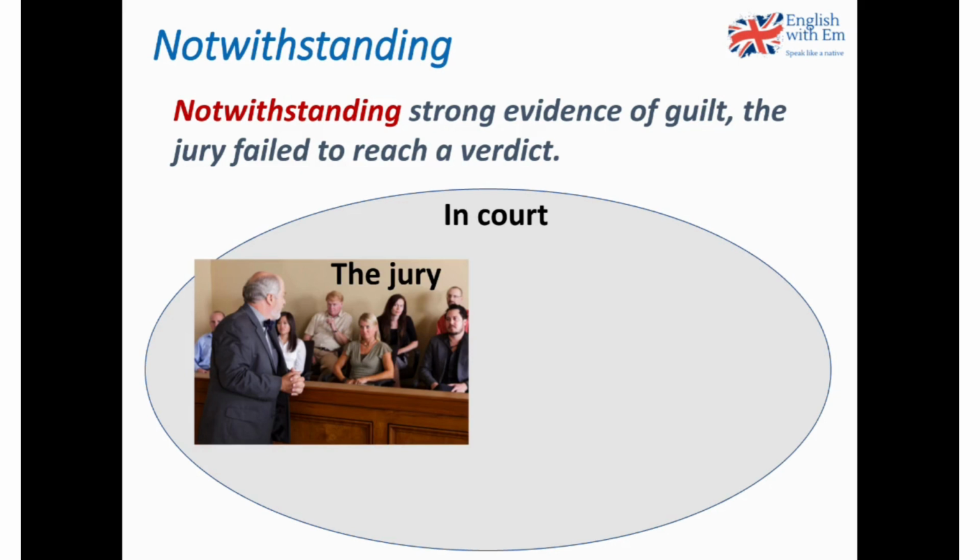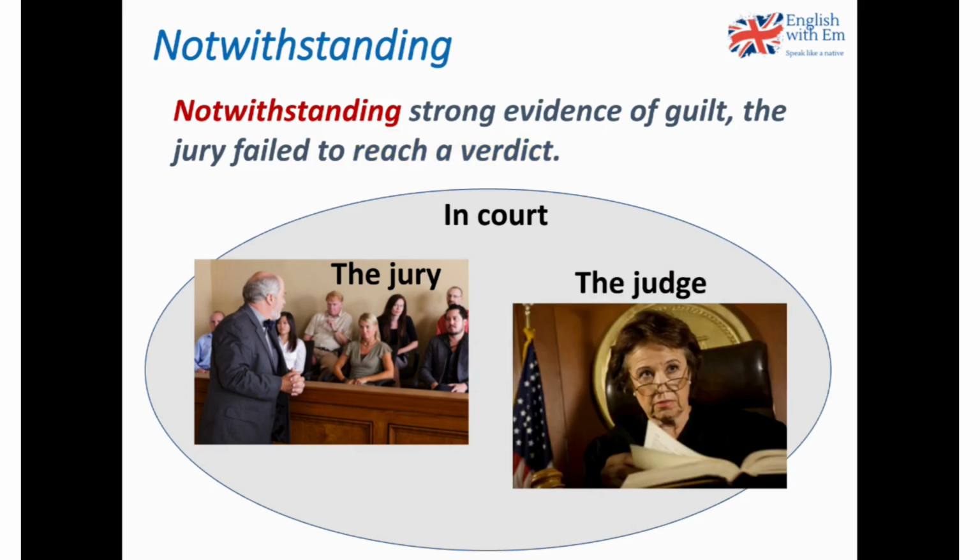The jury are the group of people who make the decision or reach a verdict. And the verdict can either be guilty or not guilty. It's funny, they never say innocent in a court situation. It's always guilty or not guilty. And here you've got the judge who passes the sentence.